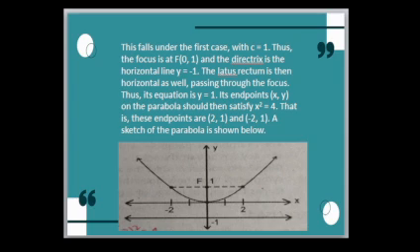The latus rectum is then horizontal as well, because it depends on the given focus. The latus rectum should pass through the focus, and our focus is (0, 1), so we plot that on the y-axis because our y is 1.